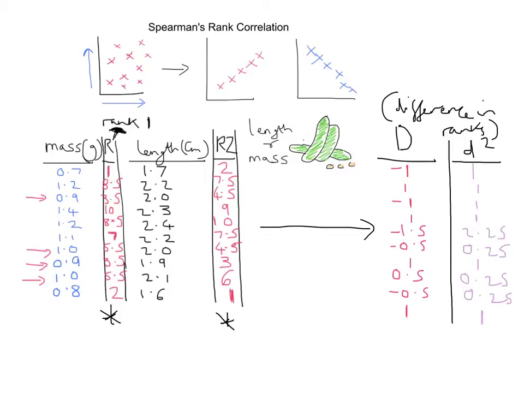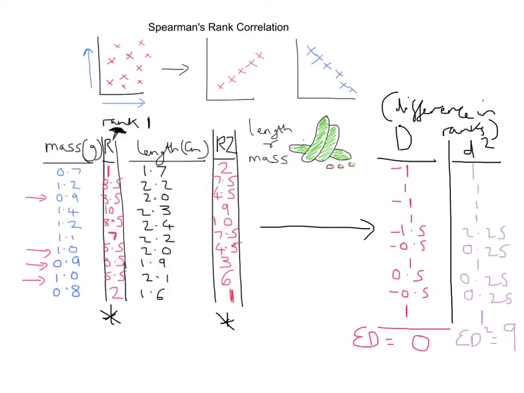If we added up all of the values for D, so the sum of D, that value would come out as 0. And if we wanted the sum of D squared, that value would come out at 9.